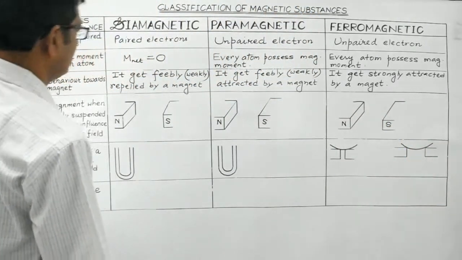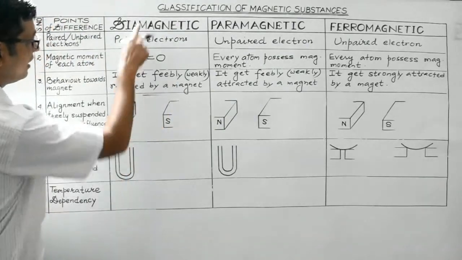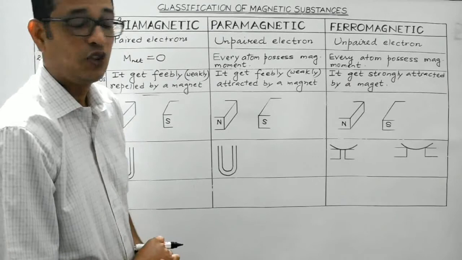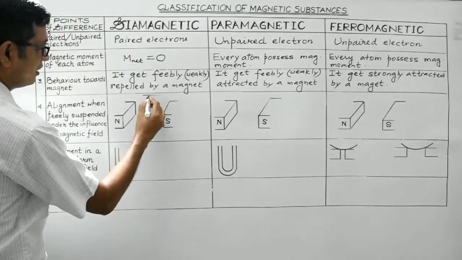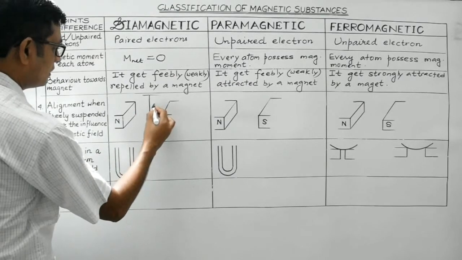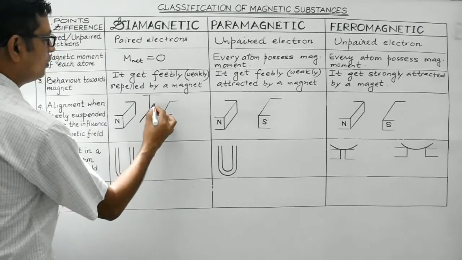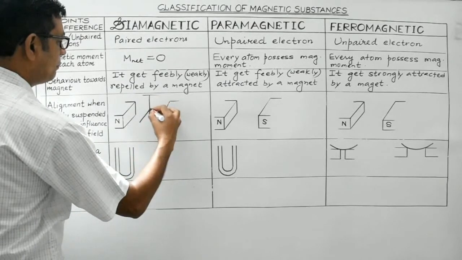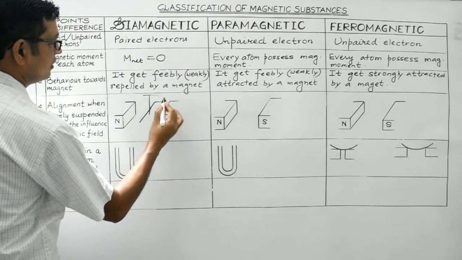And let us consider a diamagnetic specimen is freely suspended. So it is found that under the influence of this external field, this diamagnetic specimen tends to align itself perpendicular to the direction of the magnetic field.